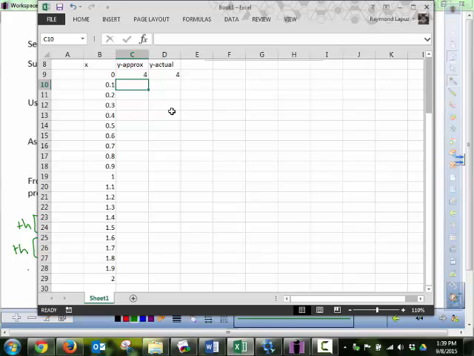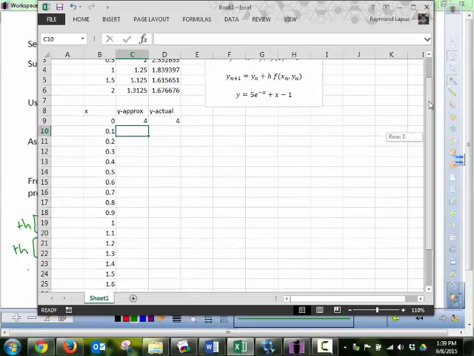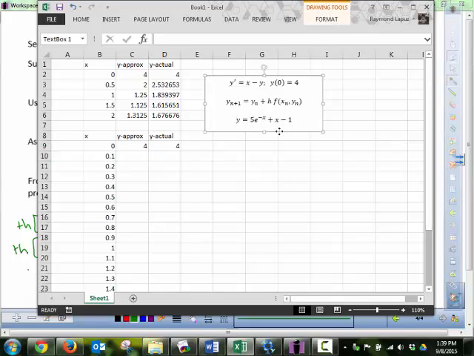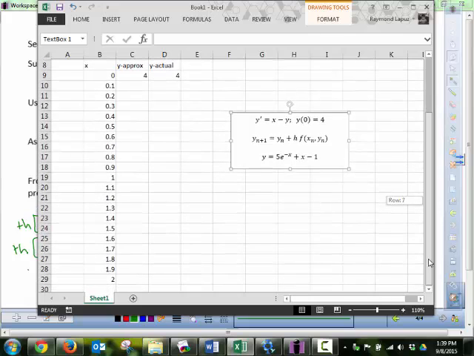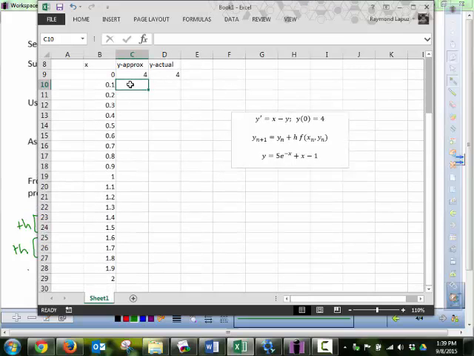And now let's find the approximation using Euler's method. So according to Euler's method, this should be exactly the same as my previous command, right, except the h is different.